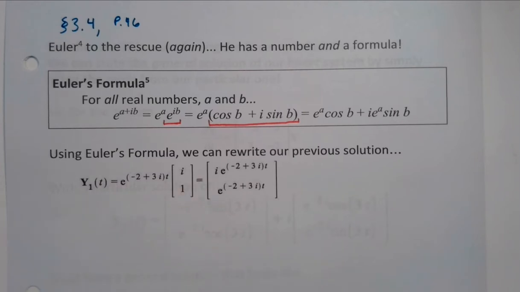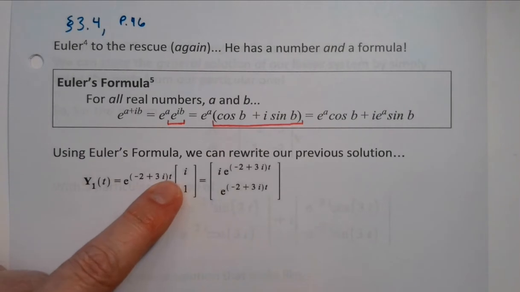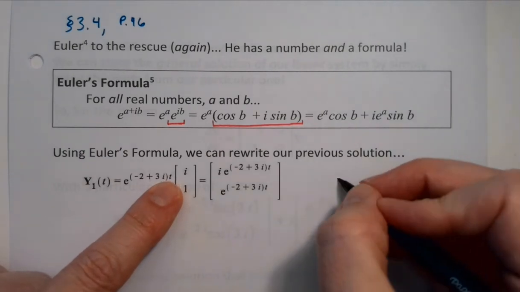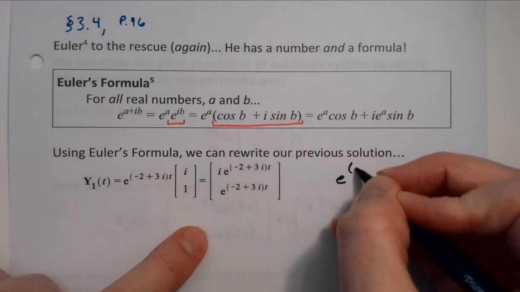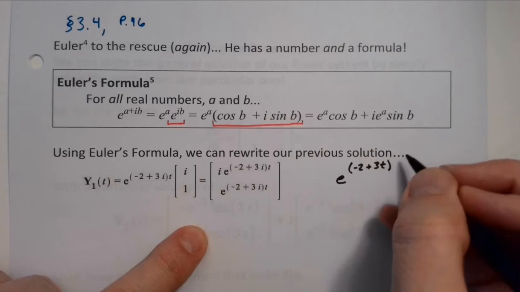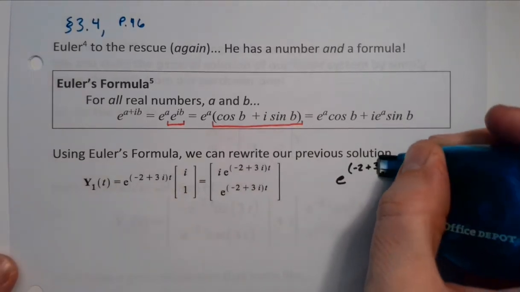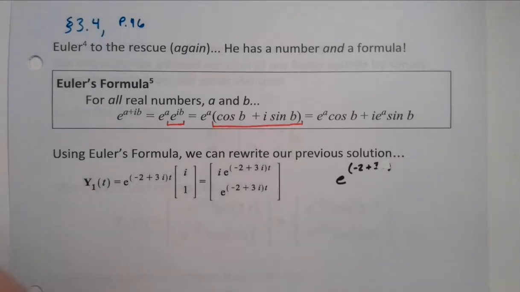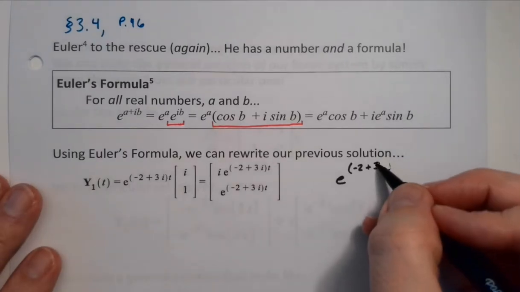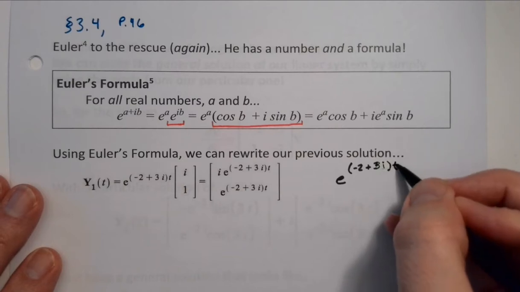Keep in mind that what we're dealing with here is not just e to the a plus ib. This is e to the a plus ib times t. There is a t there. So I just want to make a note that we're dealing with e to the negative 2 plus 3i, times t, right?